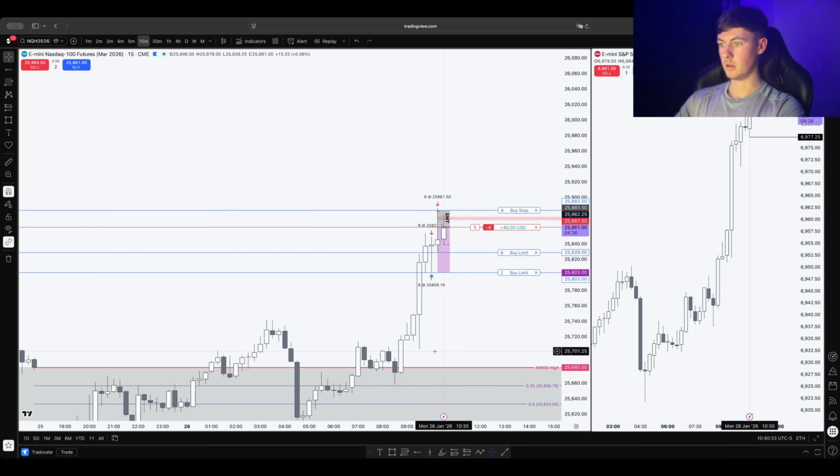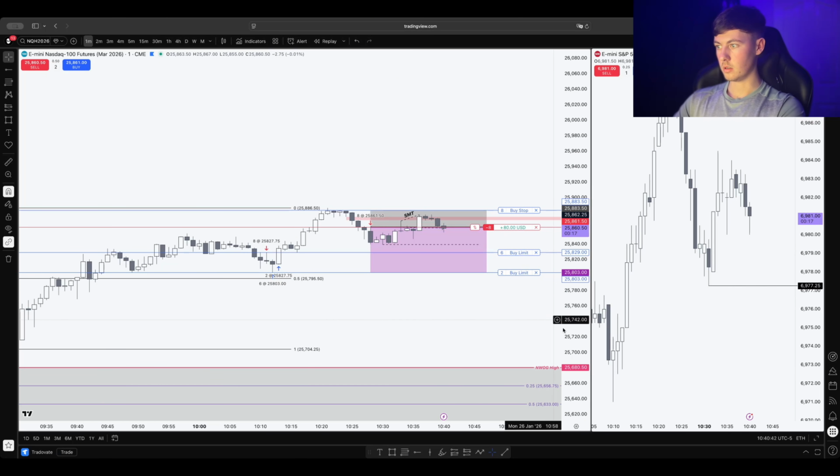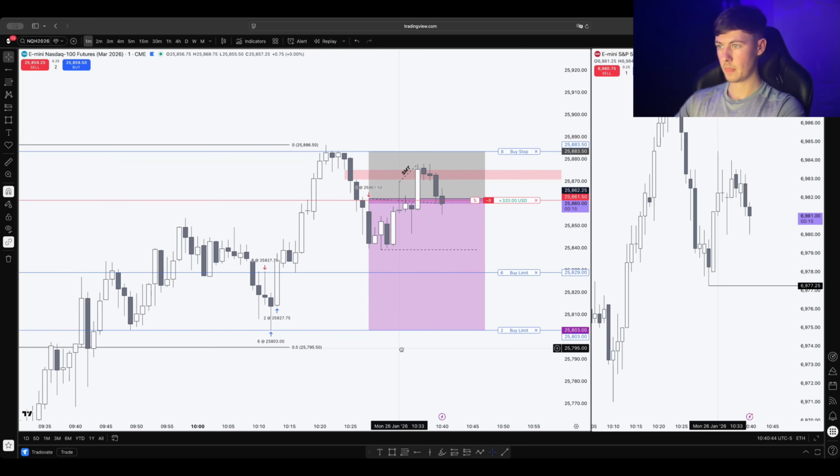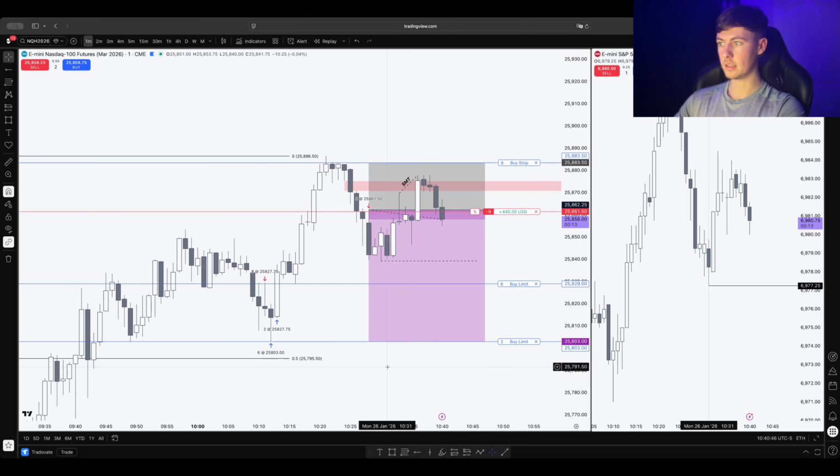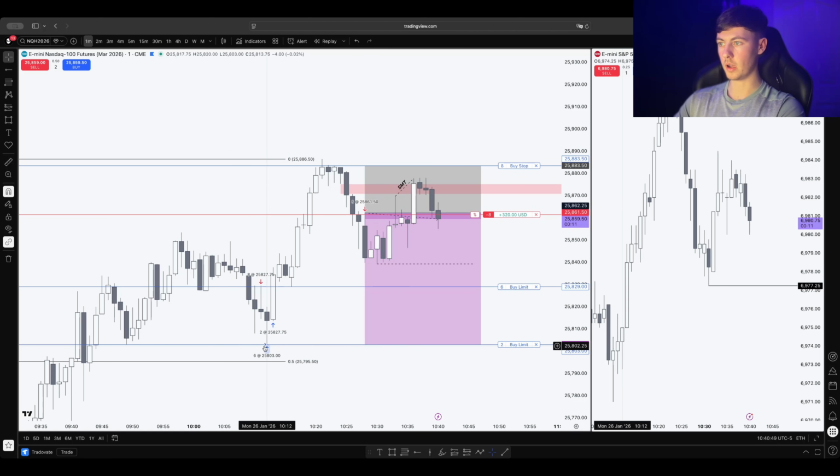Let's see where we are at in terms of the higher time frame dealing range. Okay, nice. So 50% of the current dealing range on the higher time frame lies around where our drawn liquidity is at, those equal lows at 803.